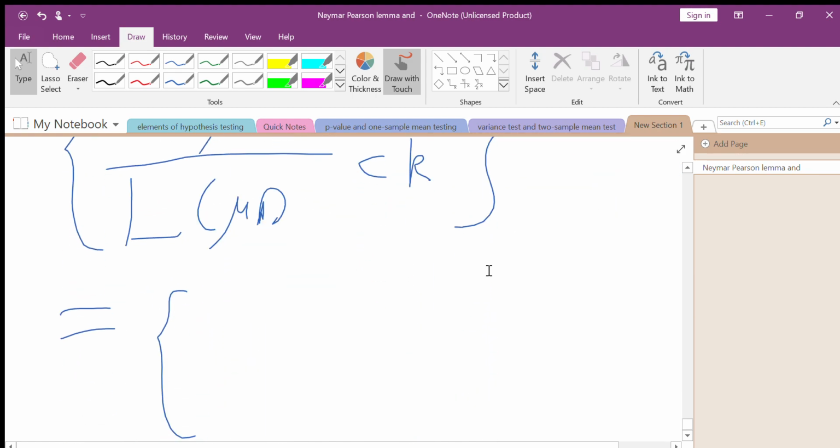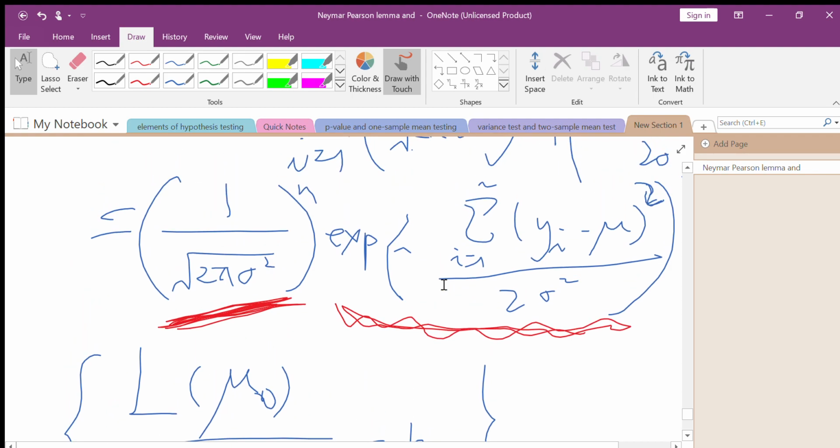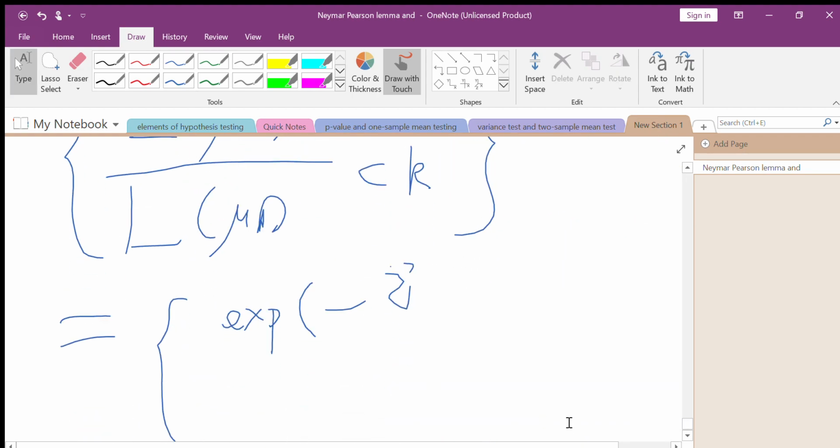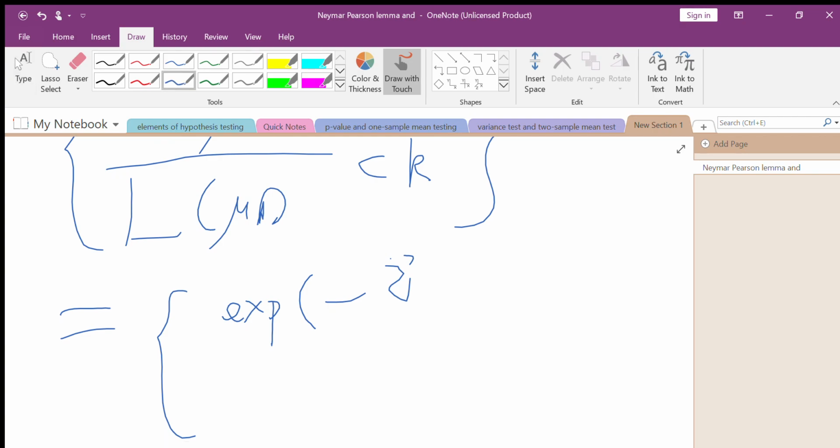So we just plug in exponential negative summation of small xi minus mu 0 squared, i from 1 to n.